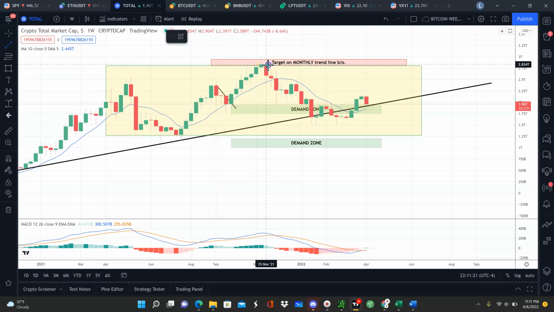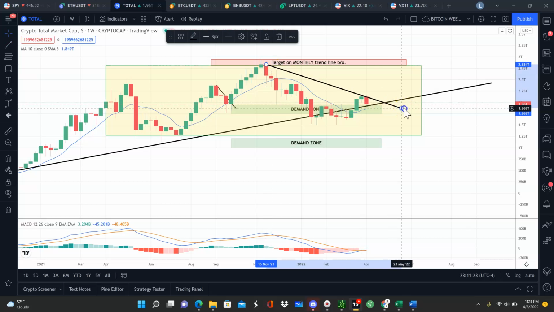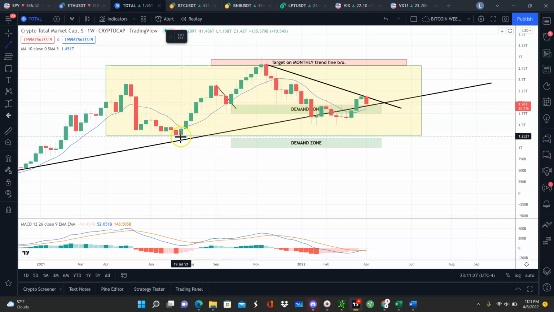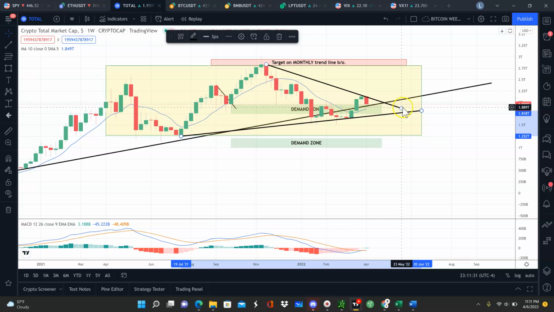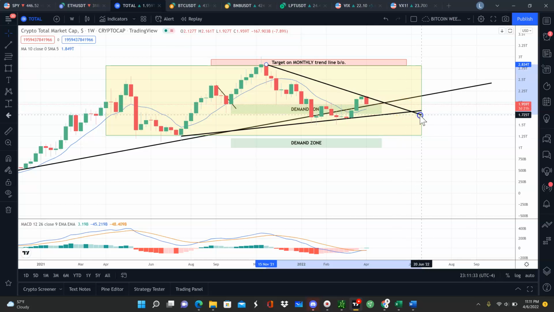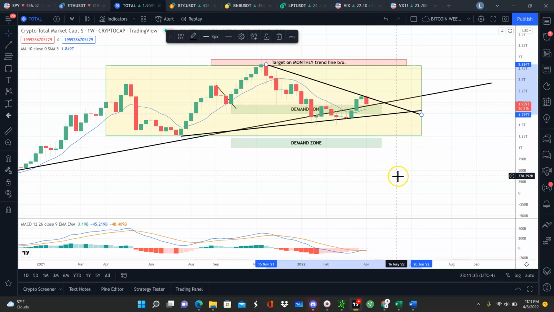Let's see what else. Looks like we have a symmetrical triangle situation happening here on the weekly chart as well, kind of lining up with the key levels that I gave for the month of April.